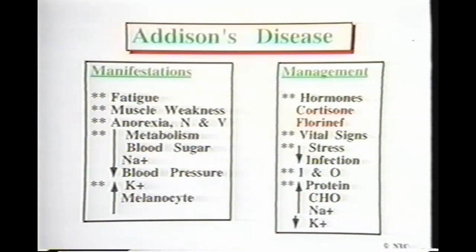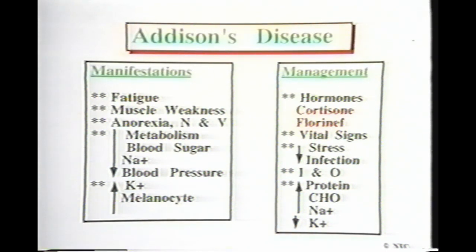Now, the nursing care for someone who has Addison's disease, or particularly if they're in Addisonian crisis state, is hormones. Now, the physician, of course, will order, but one would expect that the patient would be getting cortisone and Florinef, which is a mineralocorticoid.